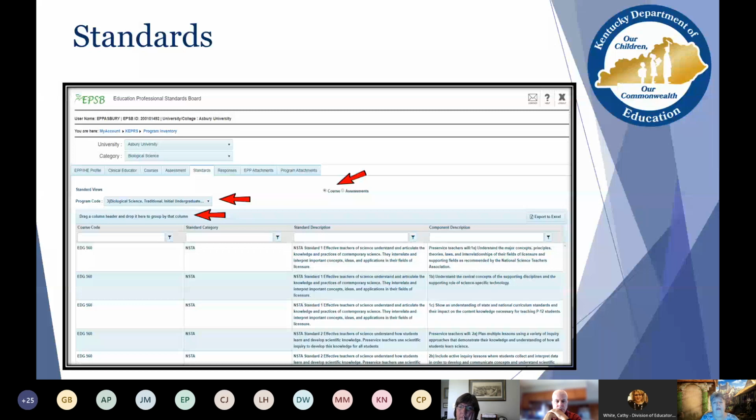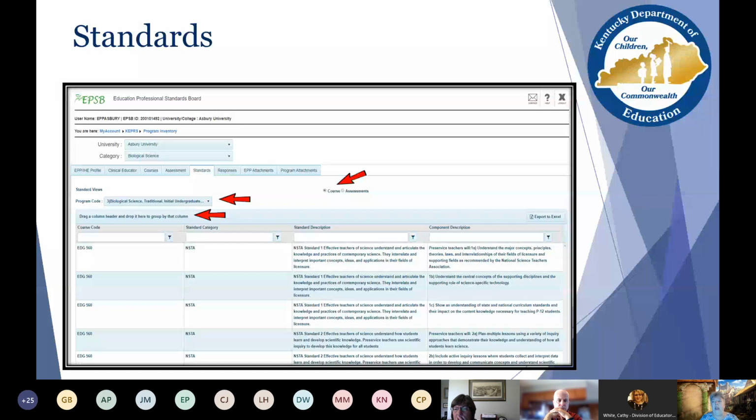If I want to look at the Kentucky Teacher Performance Standards, I can type in the line right below where it says standards category the letter K, and if they've aligned with the teacher standards, the system will pull the KTPS together.